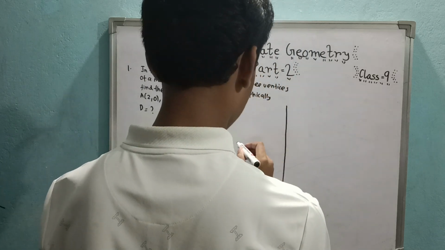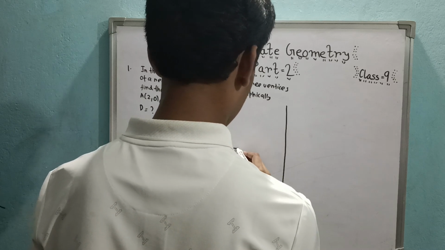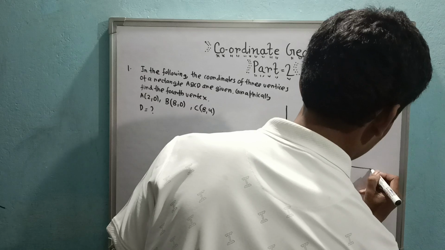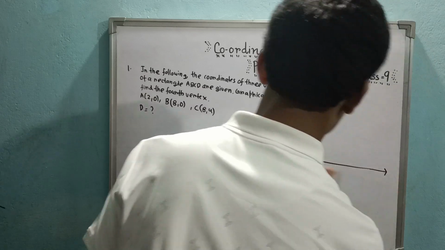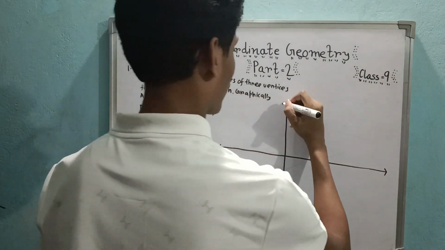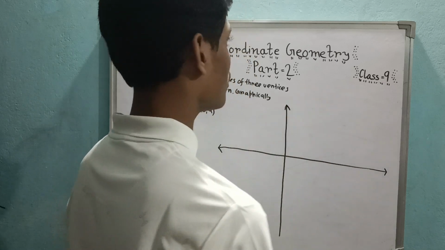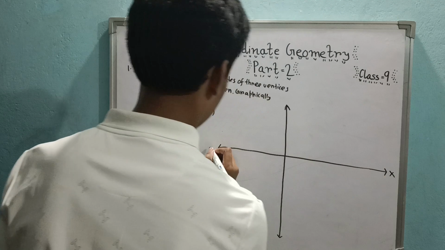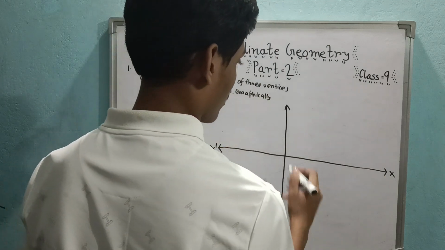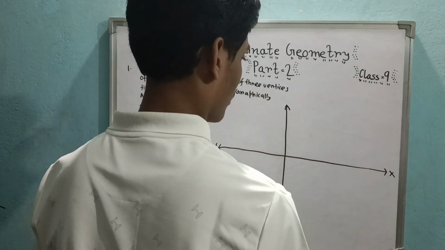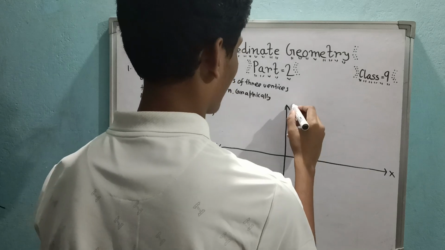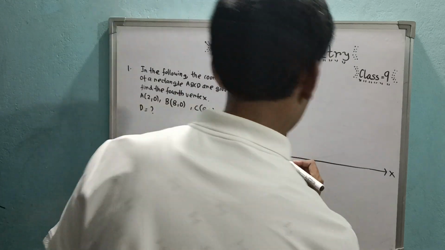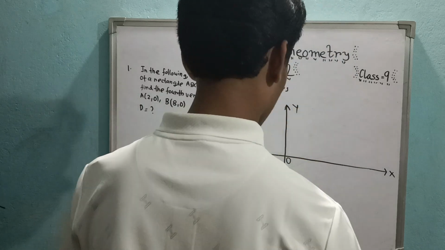Trying to draw a nice graph. Not that small. Always put the arrows, because the lines can extend to infinity. And now you know the marking: x dash, y, and y dash. This is the origin, the center O with (0, 0), we all know.